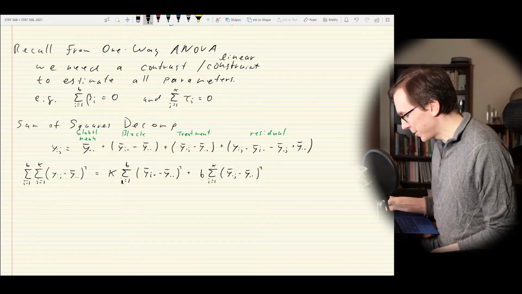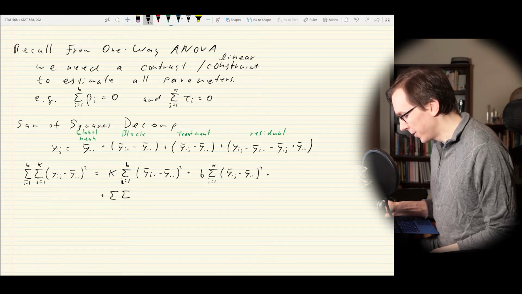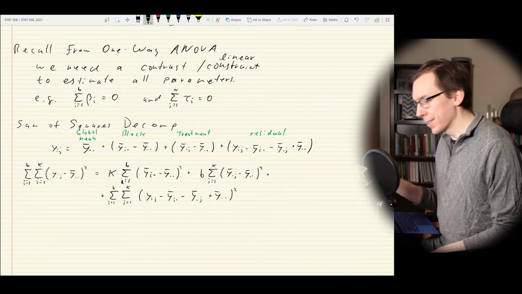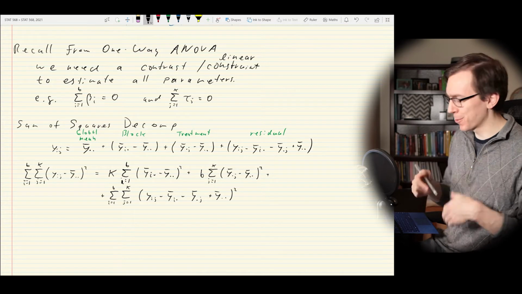And then the last piece, which I'll write on the next line, just so I don't run into myself here, is going to be the double sum over i from 1 to b, j from 1 to k, and we're going to sum this entire last thing squared. Now, if you are paying attention to the idea of squaring both sides of this equation, you might think to yourself, well, wait a minute, there's all these cross terms, right?